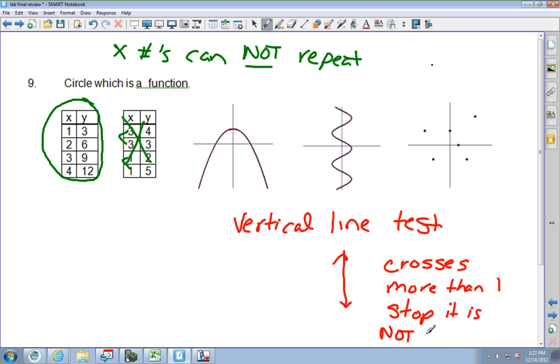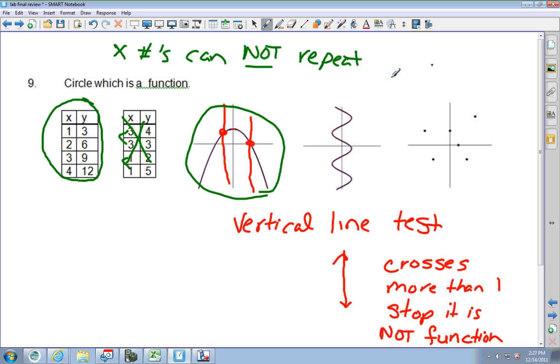That's because it would have multiple x numbers. This one, if I draw a vertical line, it touches once. This one is a function.